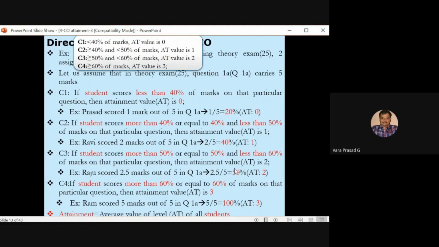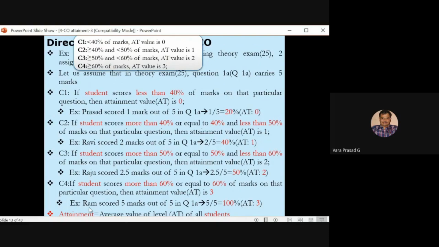It is 50%, so it comes under condition 3, and the attainment value is 2 with respect to that question. Now, condition 4: if any student scores 60% or more of the marks with respect to that particular question, then the attainment value is 3. For example, a student called Ram has scored 5 marks out of 5 in question 1A. It is 100%, so it comes under condition 4, and the attainment level is 3.